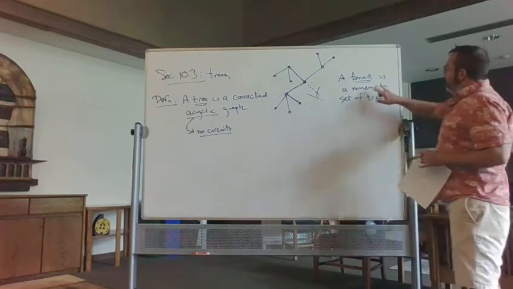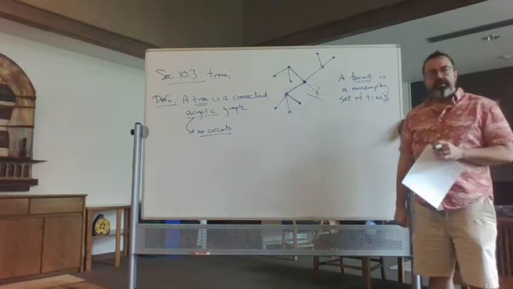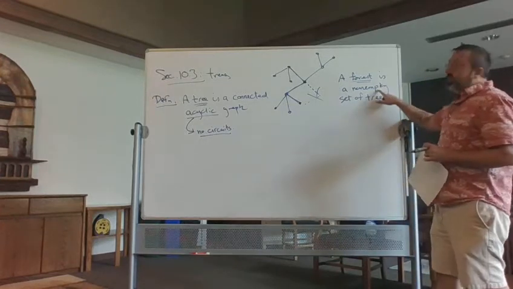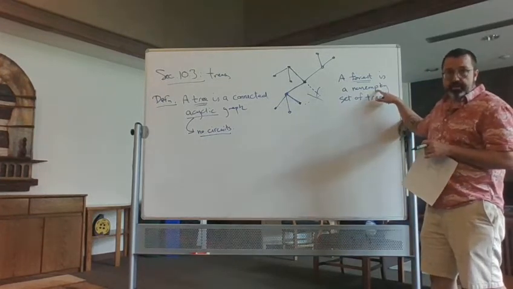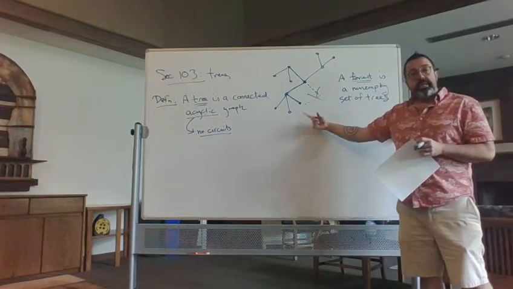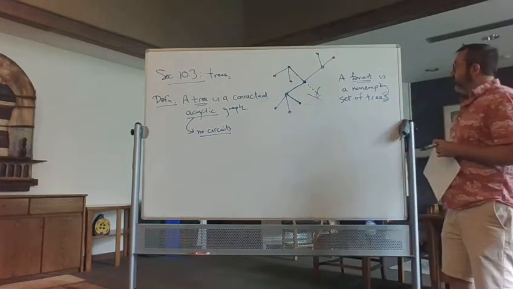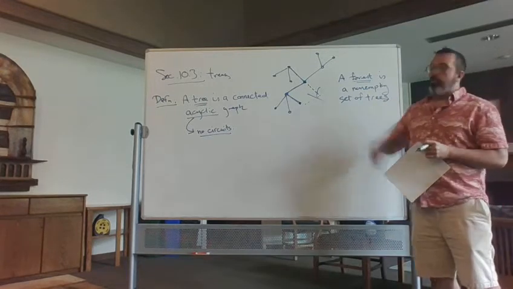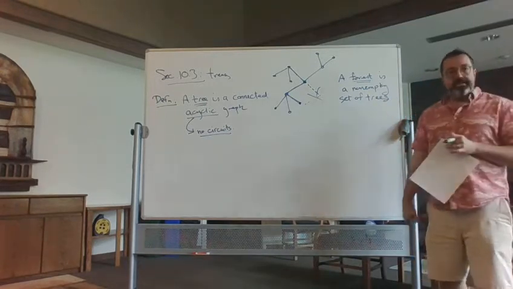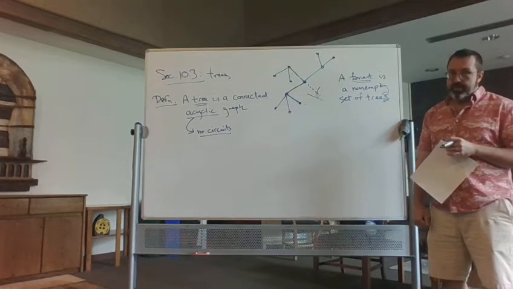However, there's nothing in the definition of a forest that says you can't have just a single tree. It says you have to have at least one, a non-empty set. So there's got to be at least one tree there. But a single tree is a forest, interestingly enough. So anytime you have one or more trees bundled together, that's what we call a forest. And yes, again, that is a technical term.